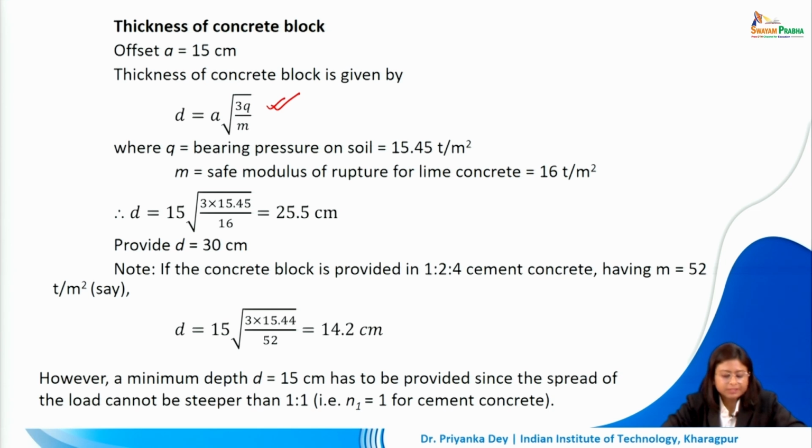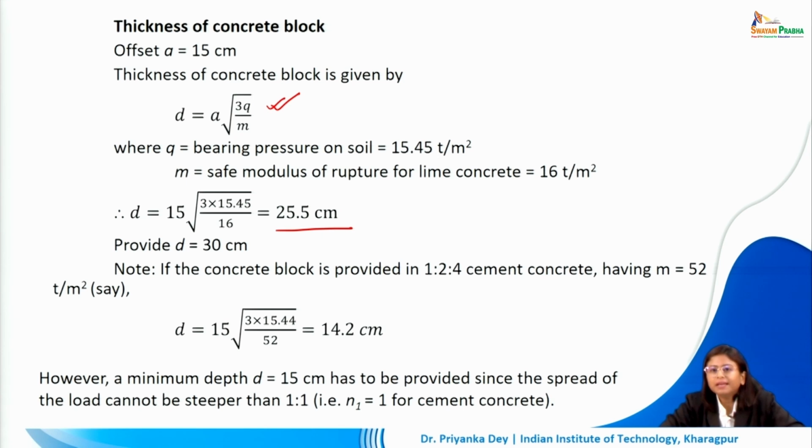So a here is 15, we've already decided that, and the bearing pressure on the soil is, we had calculated right in the beginning of our numerical, 15.45 ton per meter square, and the safe modulus of rupture for lime concrete, which we had been asked to use for our concrete base, that would be 16 ton per meter square. Now if we apply that in our formula and do a little bit of calculation, the small d will come up to around 25.5 centimeter.